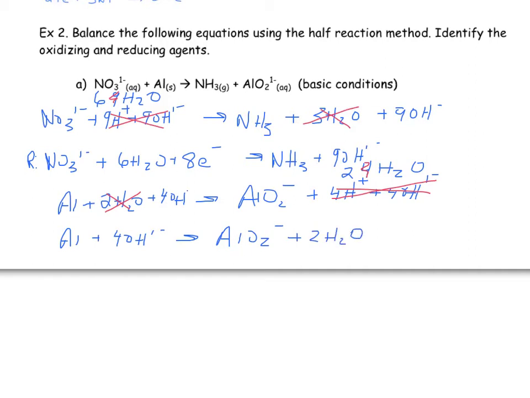In order to balance this reaction, I'll need to add 3 electrons on the product side. This gives me a 4 minus charge on each side. Because electrons are being lost, this is my oxidation reaction.